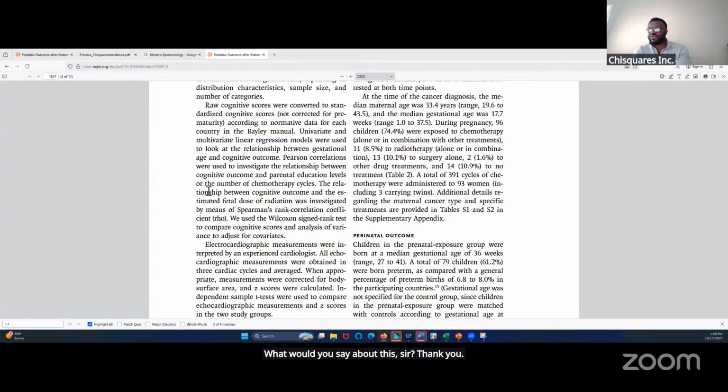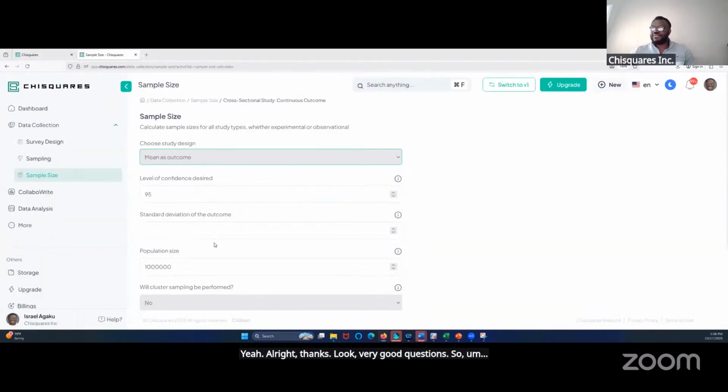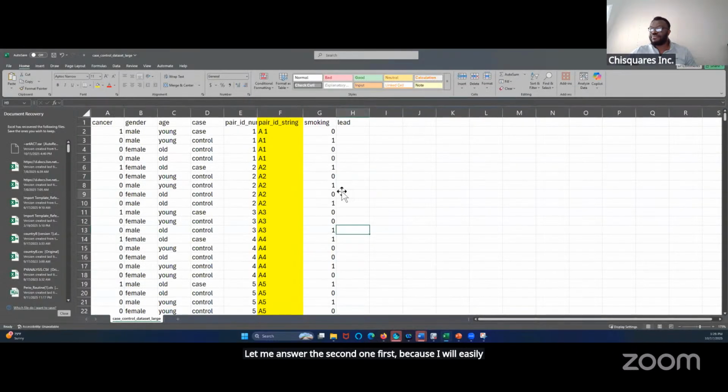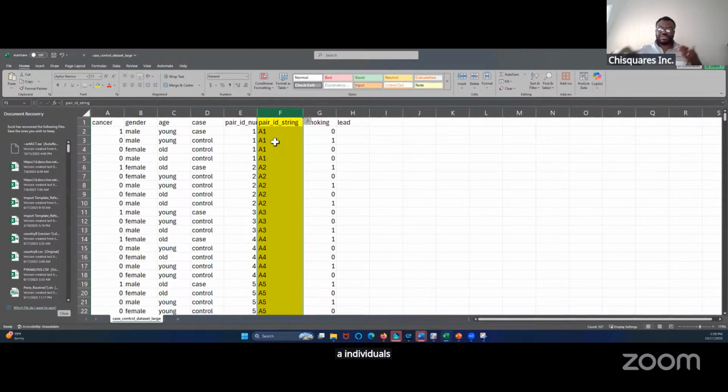That's very good questions. Let me answer the second one first because I will easily forget. This is the scenario we talked about, where you have individuals matched to controls matched to a case. You're going to have a variable like this.